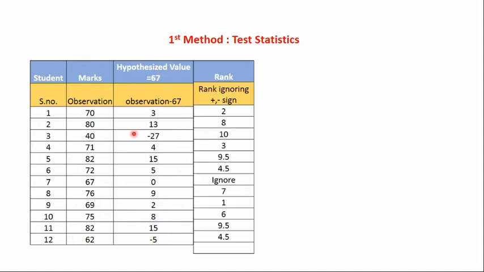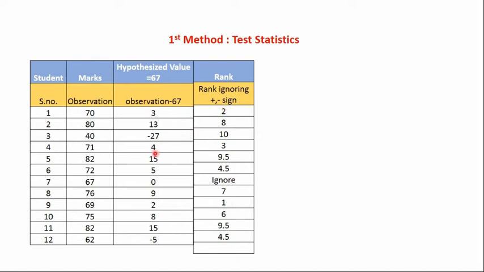Now next step: rank. Rank ignoring plus minus sign. We have to rank these values but ignoring plus minus sign. Friends, note it down. Here is a value 0. We will discard or ignore this value. Next minimum value is 2, rank will be 1. And next value is 3, then rank will be 2.